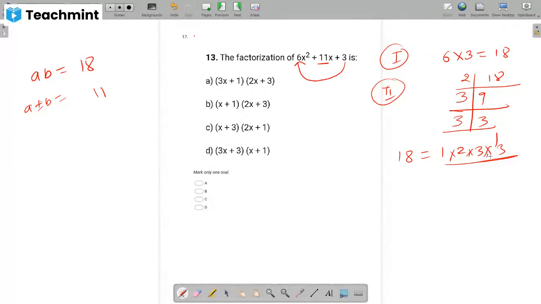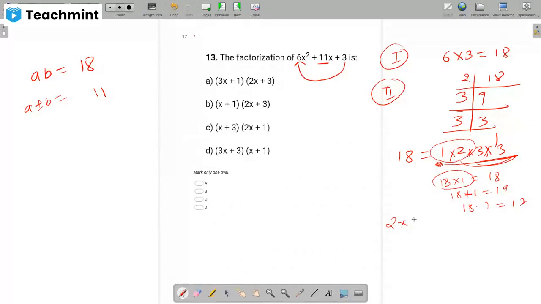So what we will do, if we take 1 and the rest of the numbers, 3 twos are 6, 3 threes are 9, 9 twos are 18. If you take 18 and 1, then the product of 18 and 1 is 18, but if you add 18 and 1 you will get 19, and if you subtract you will get 17. So we cannot take this combination. What if we take 2 and 9?